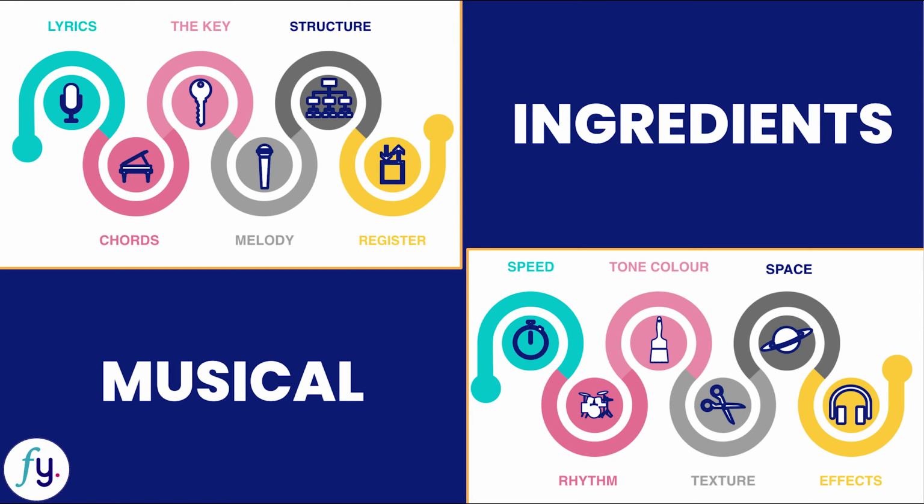So this can feel a little overwhelming when you're trying to decide which musical ingredients are the most important ones to focus on for your musical masterpiece. If you're writing something in a certain genre, then you've certainly got a good place to start, and you can look at some examples of music that's been written in your genre to get an idea of the musical ingredients that are really important.